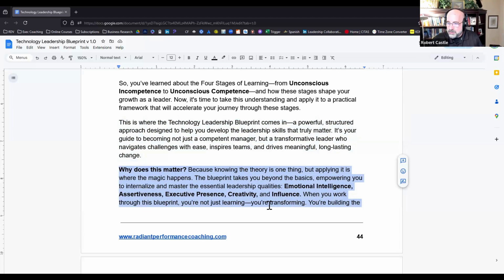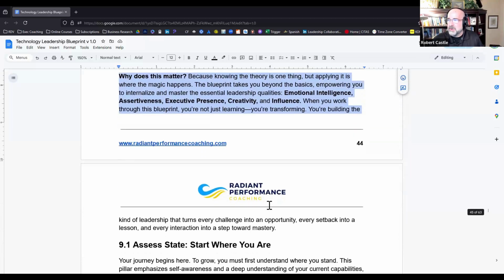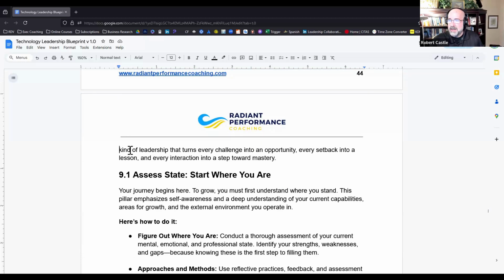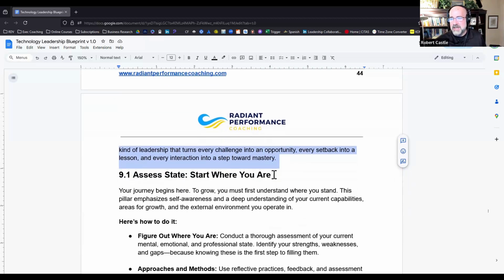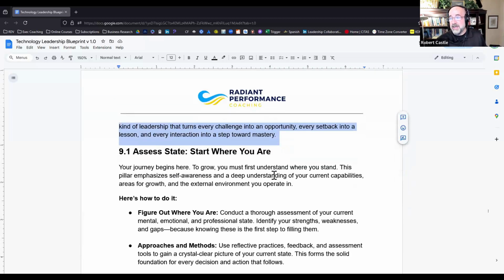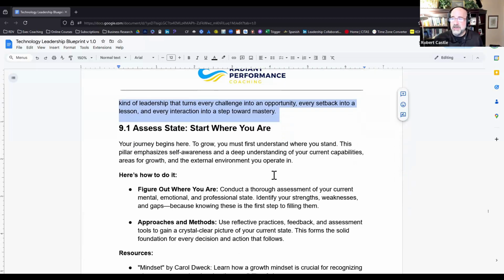And when you work through this blueprint, you're not just learning, you're transforming. You're building the kind of leadership that turns every challenge into an opportunity, every setback into a lesson, and every interaction into a step towards mastery.